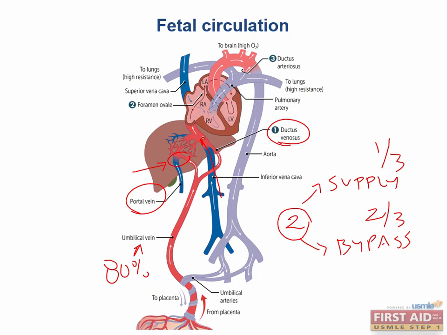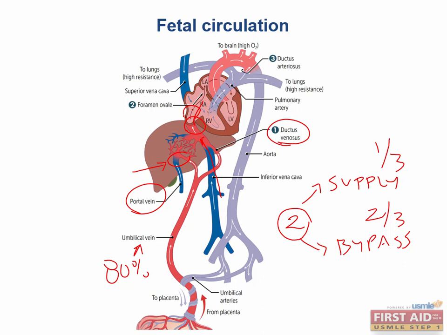The deoxygenated blood that leaves the hepatic sinusoids will rejoin the oxygenated blood that bypassed the liver via the ductus. So everything is back here together. The inferior vena cava will dump oxygenated blood into the right atrium, this way. Do you see this arrow showing the vector of blood flow?